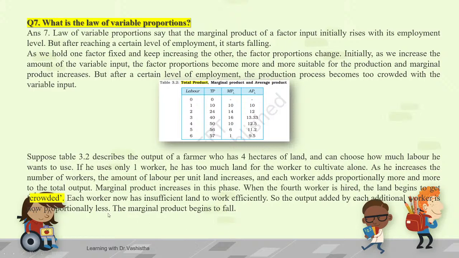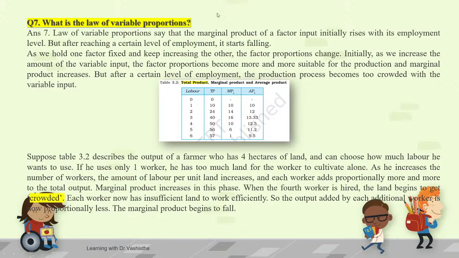But as he increases the number of workers, the amount of labor per unit of land increases, and each worker adds proportionally more and more of the total output. So marginal product increases in this phase. But when the 4th worker was hired, the land began to get overcrowded, and each worker now has insufficient land to work efficiently. So the output added by each additional worker is proportionally less, and the marginal product begins to fall.